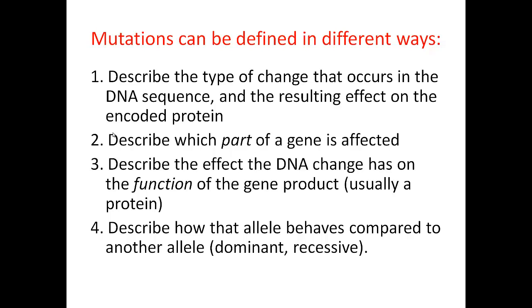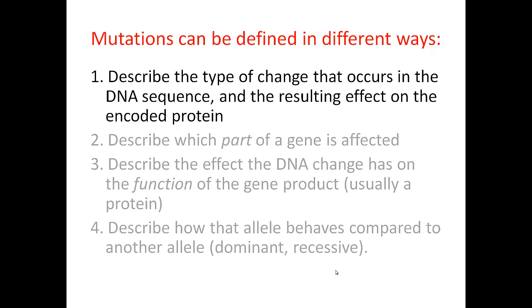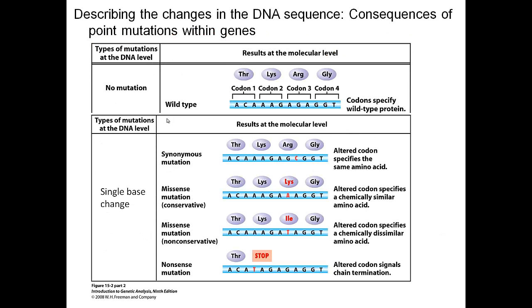Another way is focusing on the actual result: how does the change in the DNA sequence affect the function of the product of that gene? And finally, we're going to talk briefly about dominance and recessiveness and how that allele behaves compared to a different allele. We're going to start off with the first one, what kind of terminology we use to describe various changes of the DNA sequence.